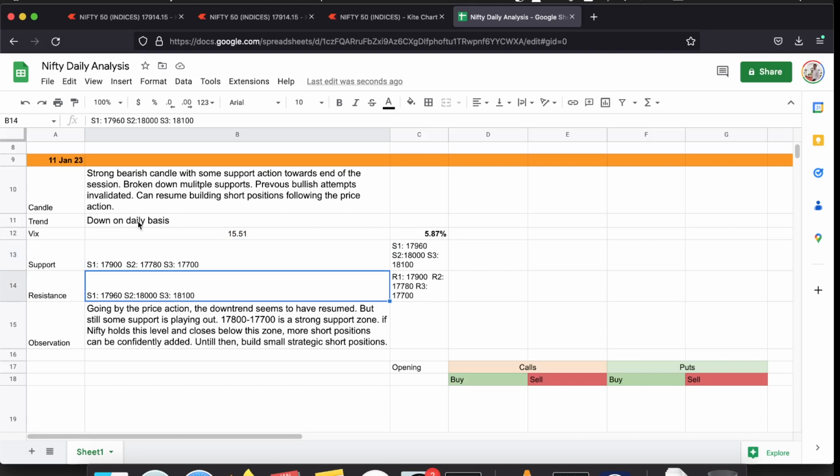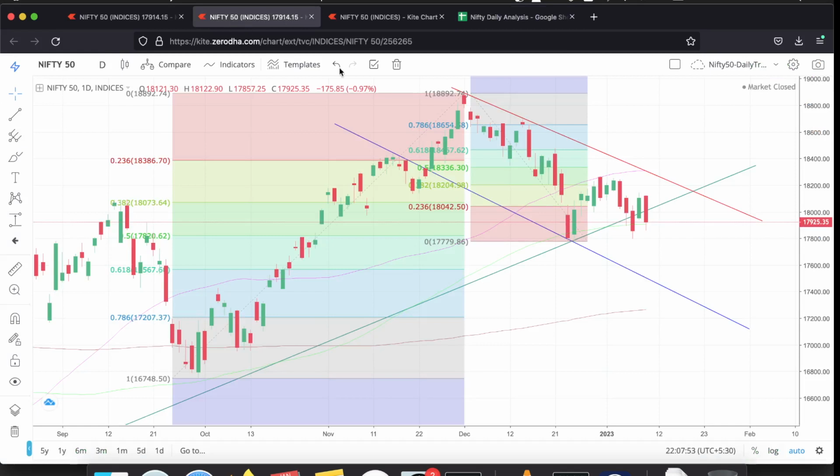And the resistances are, the first resistance is at around 17,960. Actually, 17,930 is also a resistance because as seen in today's intraday session, 17,930 offered some resistance, but I mentioned 17,960 because it is slightly above that.